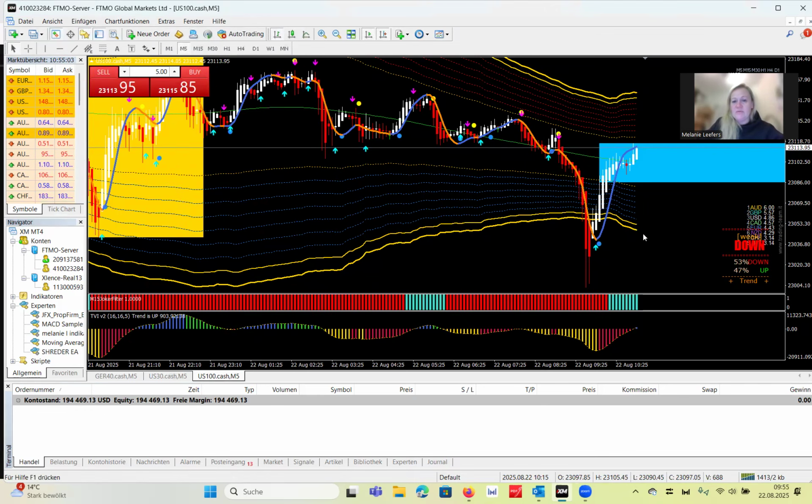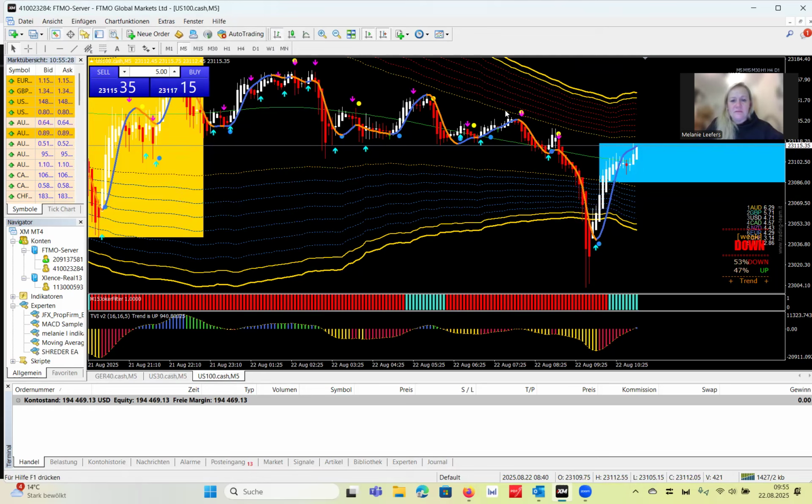This is the Golden Sniper indicator. It's based on Heikin-Ashi candles. I really like Heikin-Ashi candles because sometimes you can see it better.